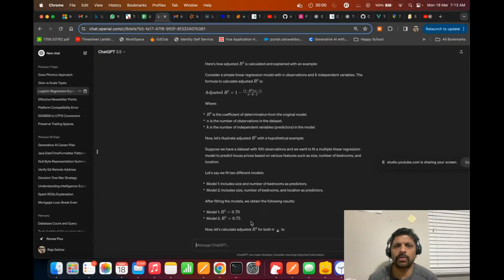Under observation, we want to fit a multiple regression model for house prices based on various features such as size, location, let's say. Number of features, that's all. So saying number of all features, X1, X2, X3, number of features.